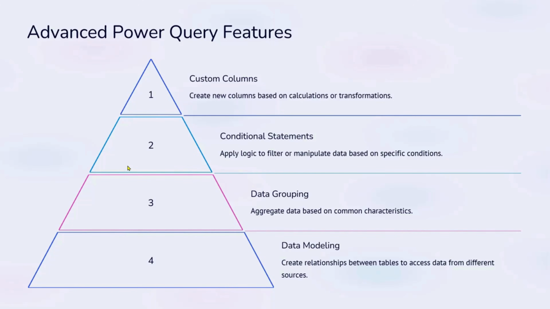Or you can also create different relationships across different tables from different sources, and it enhances your data analysis capabilities. For example, you may have one data source coming in by country, and then you have some unique number over there, and then you have their GDP in a different table, population in a different table. So you can combine them how you want to combine them together. So you can do modeling over there. We will see it in action. Don't worry. It may sound tricky, but it's pretty easy once you do it.